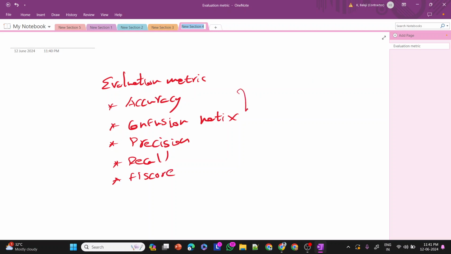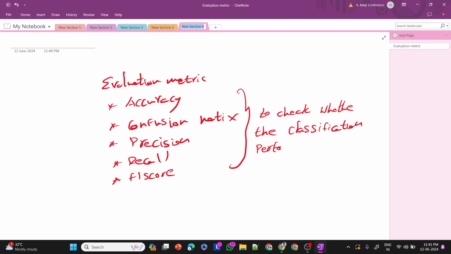These metrics are used to check whether the classification model performs well or not.